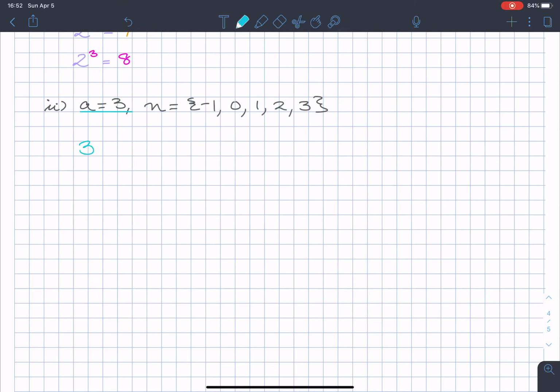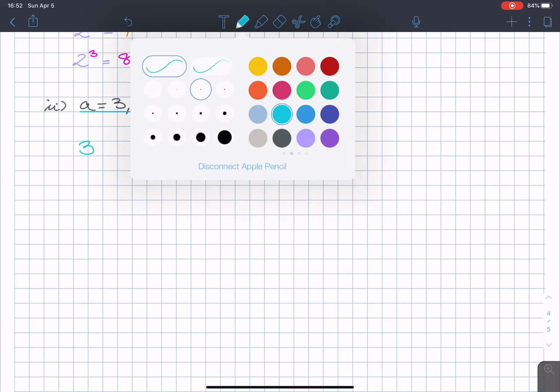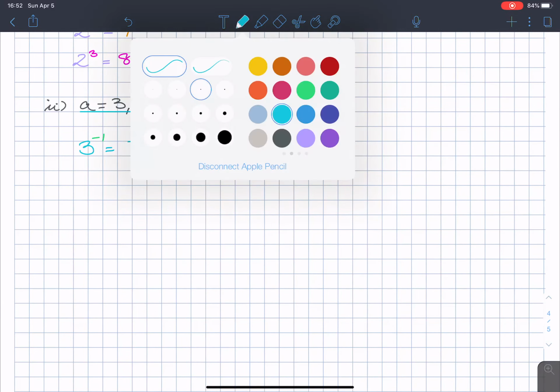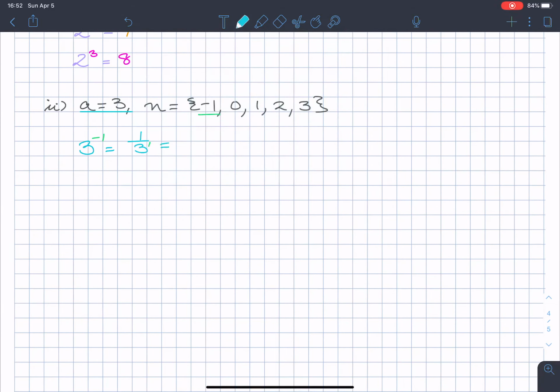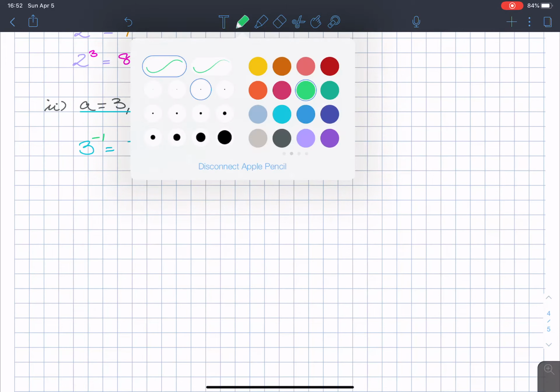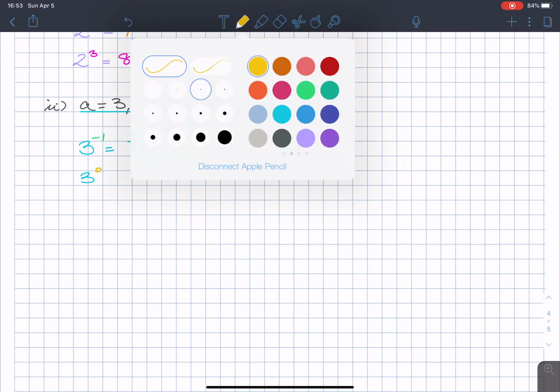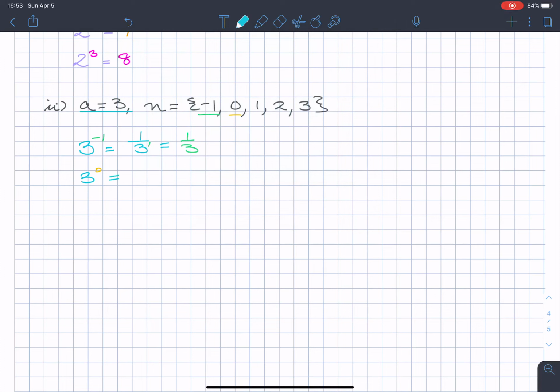So we want 3 to the negative first. What that means is 1 over 3 to the positive first. And of course, 3 to the first power is just 3, so that's just 1 over 3. Now let's do 3 to the 0th power. Well, anything to the 0th power is 1.